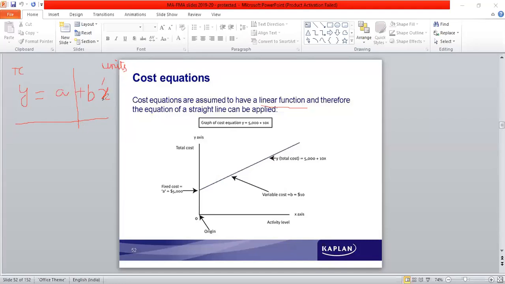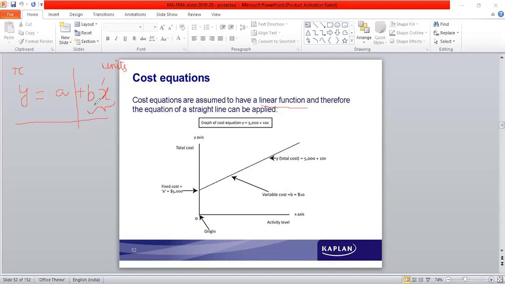The second part is a constant multiplied with x, the number of units. As the number of units keeps changing, this portion also keeps changing by the value of b. So as the number of units changes, the second part of the equation, bx, also changes.